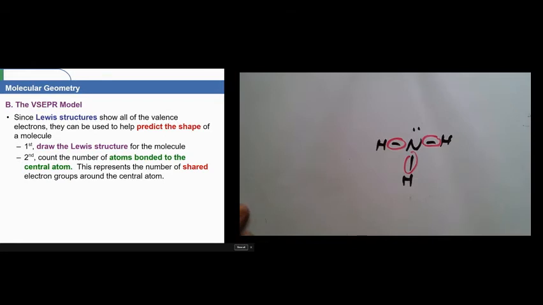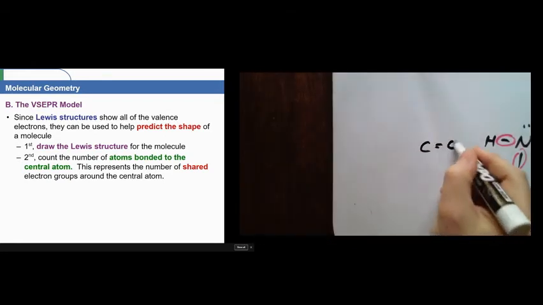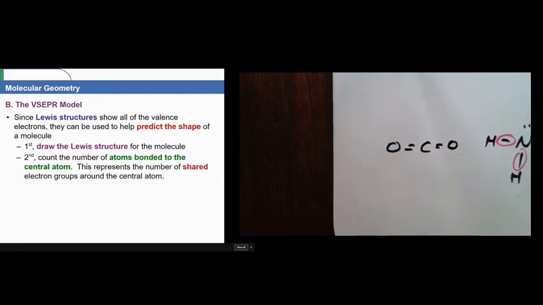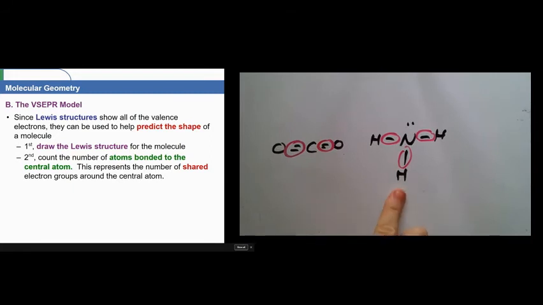If you had something like carbon dioxide, where you would have something that looks like that, double bonds still count as a single bond group. Since we're counting the atoms, there are only 2 attached to the central atom. In ammonia, there's 3.